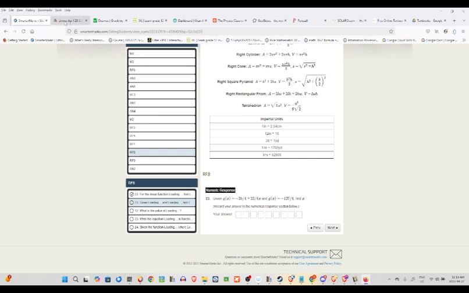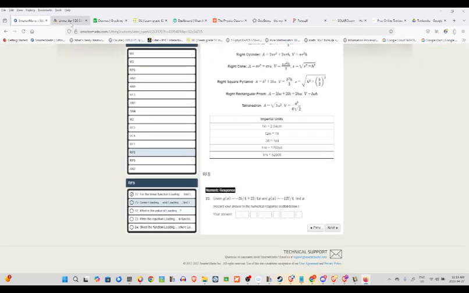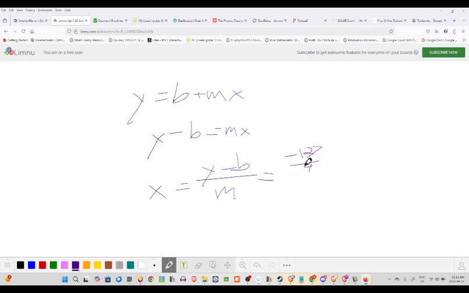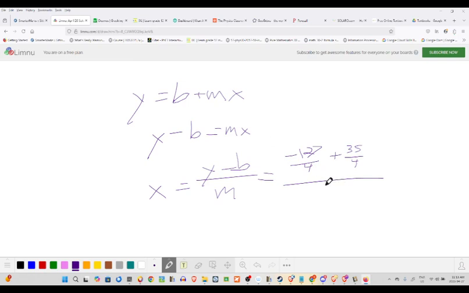Our y value in this case is negative 127 over 4. Our b is negative 35 over 4, but we're subtracting it, so that becomes a positive 35 over 4. Our slope is 23 over 4.